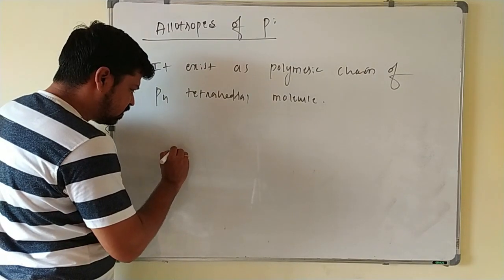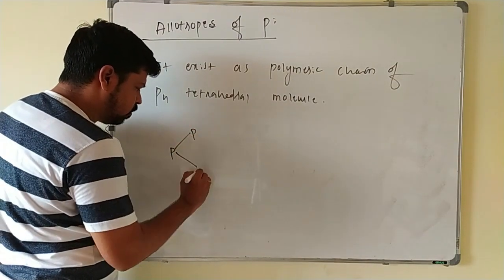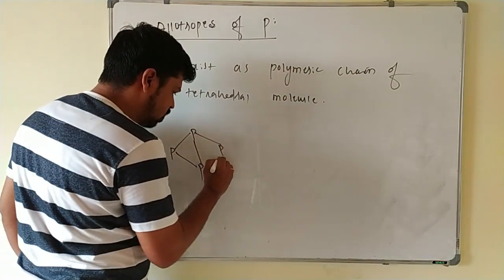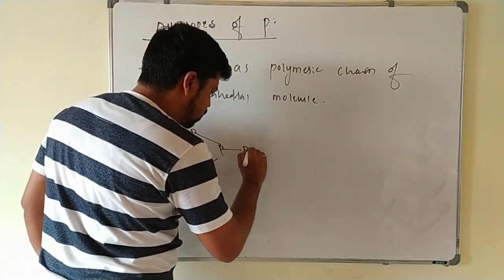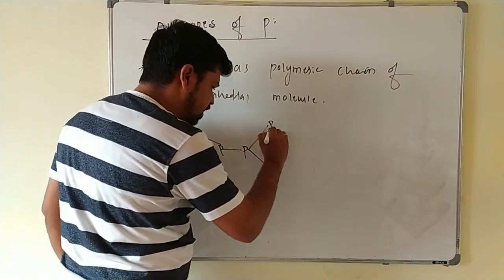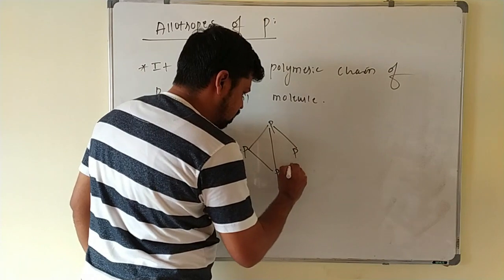This is one phosphorus connected to these two phosphorus. These two are connected like this. It is like this, and this phosphorus is again connected to the remaining two phosphorus. Again these two are connected like this.